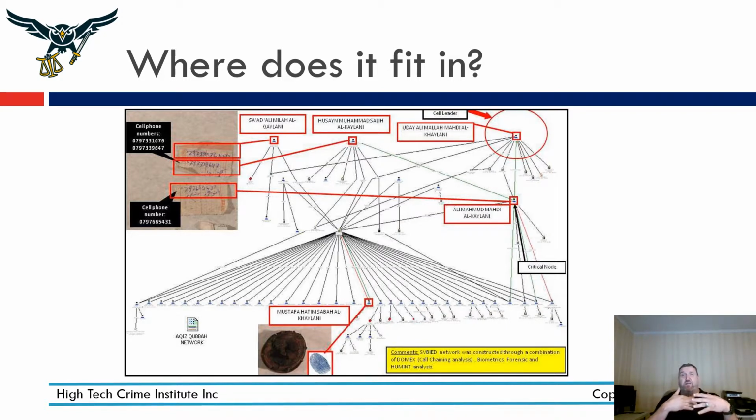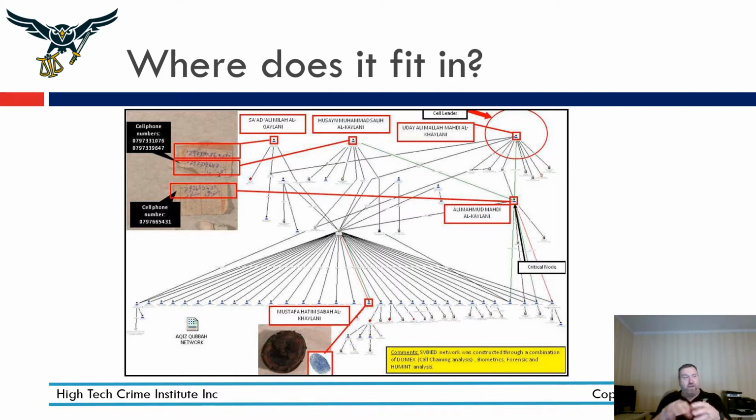Now, how do we capture this and how do we put it all together? As I mentioned before, we have databases that allow us to ingest all of this information into a container, and then that container can be searched.